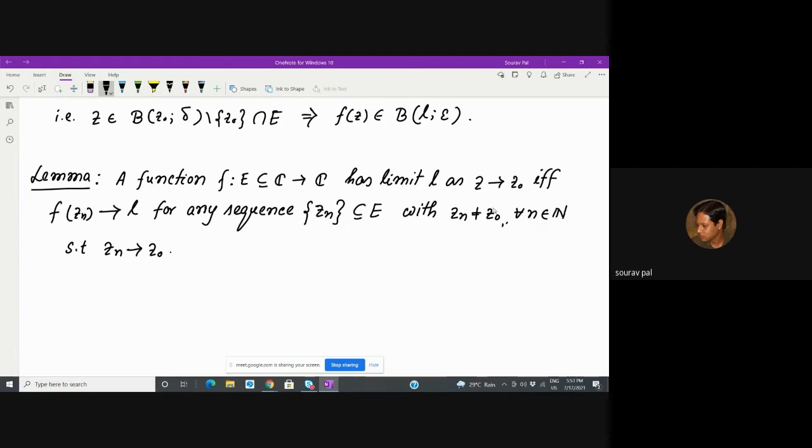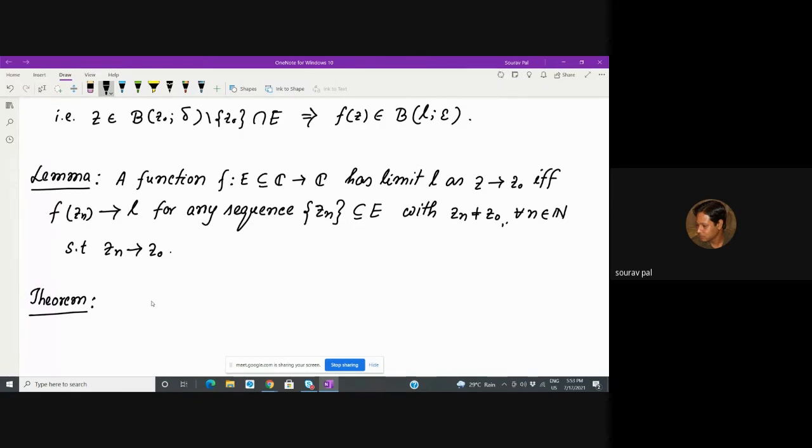If you want to prove this lemma, you follow the techniques that you have learned from real analysis. The same result holds for a real function defined on a subset of the real line, the sequential criterion for limit. So you follow the same pattern. We have a few properties that I'm just recollecting.